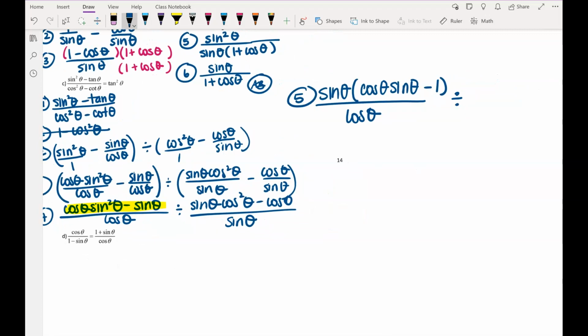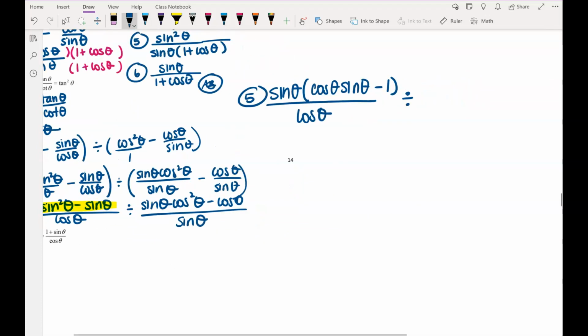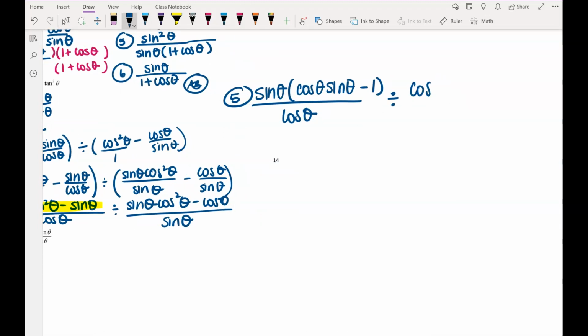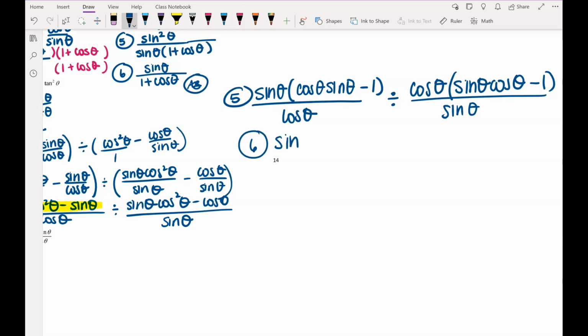Then divided by. If we're doing that on that fraction, what should we do on the second fraction? Yeah, take out cosine. Then we are left with a sine here and a cosine, and then minus what? 1, all over what? Sine, okay? Ooh, so close. Do what? Rewrite as a multiplication. Dividing a fraction is the same thing as multiplying by its reciprocal.